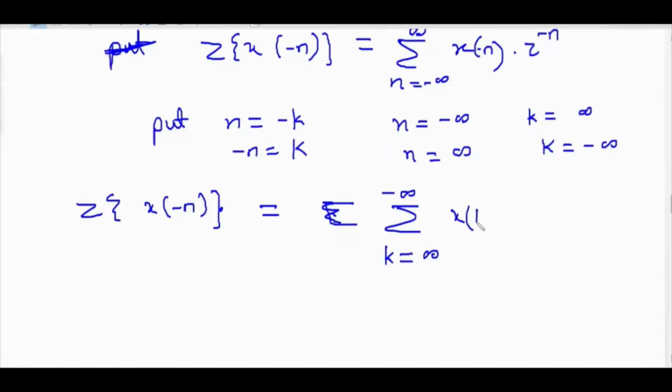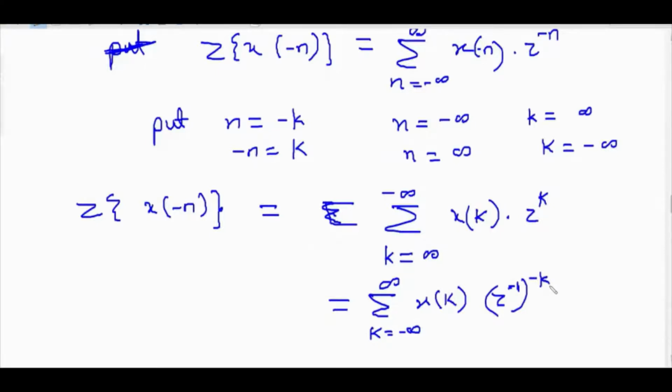So x of k dot z raised to minus n, which is k. This can be written as summation k equal to minus infinity to plus infinity, no problem, because it is just addition, so I can always change these limits. So x of k and this z I will write as z raised to minus 1, and here minus k.